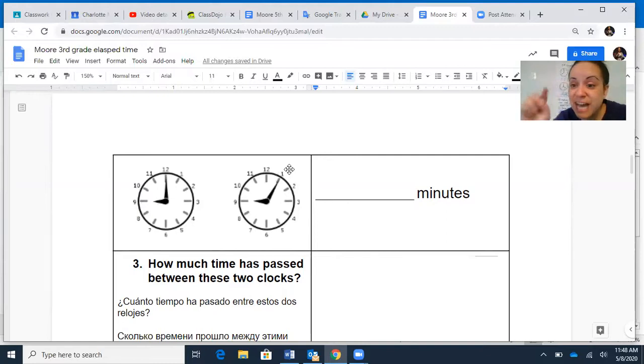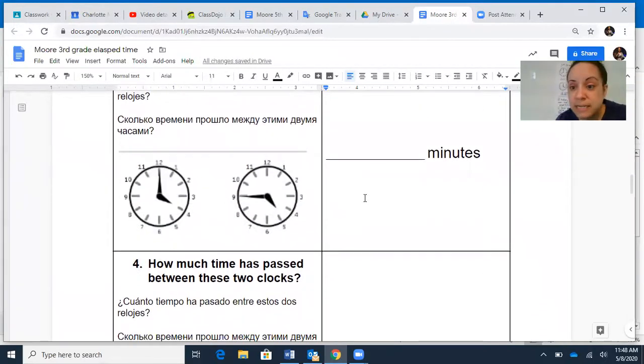Remember, each time it's 5 minutes. So from the 12 to the 1 is how many minutes? 5 minutes. The hour does not change, it's still on the 9. So here it's only been 5 minutes. So you would write a 5 right here.